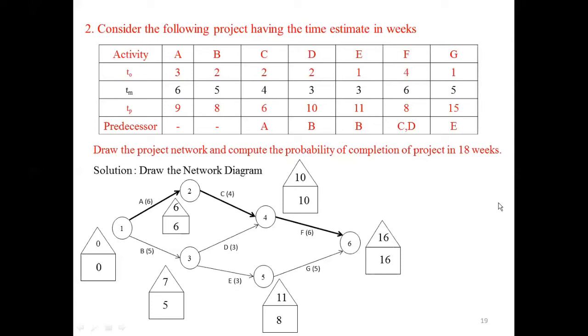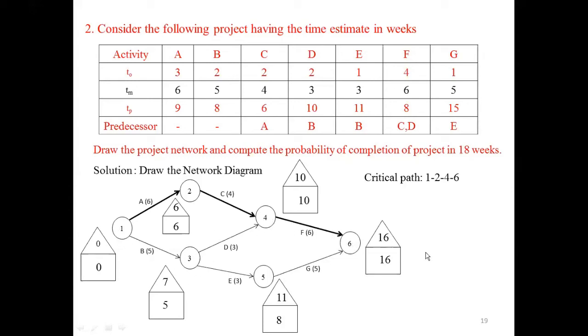After filling these values, next you need to calculate the critical path. To identify the critical path in this network diagram, you have different paths, say 1, 2, 4, 6, and 1, 3, 4, 6, and 1, 3, 5, 6.